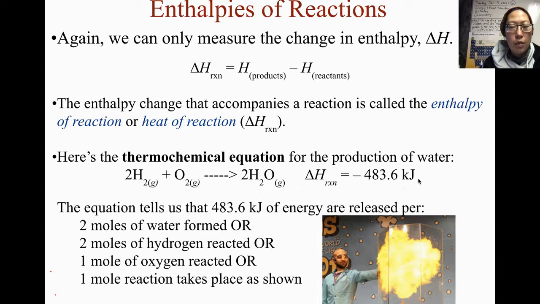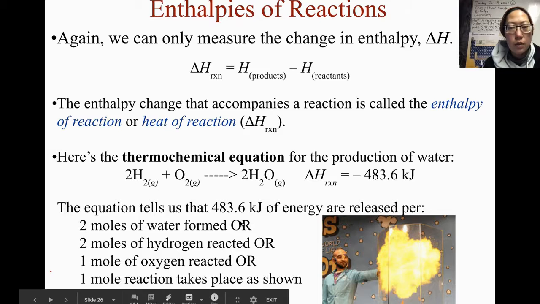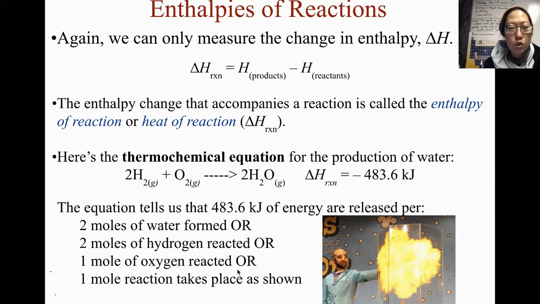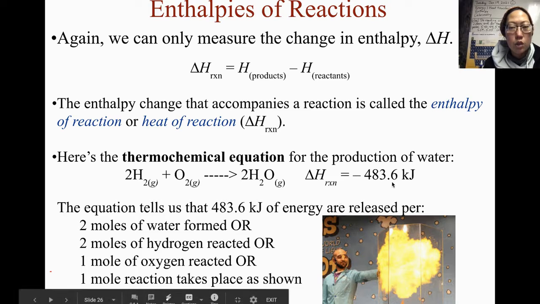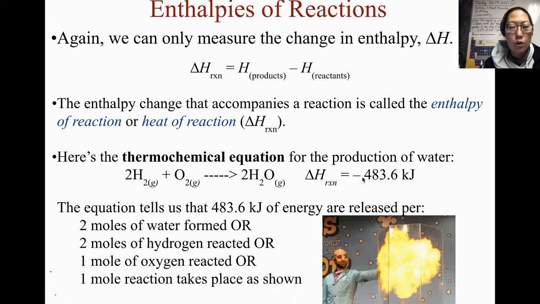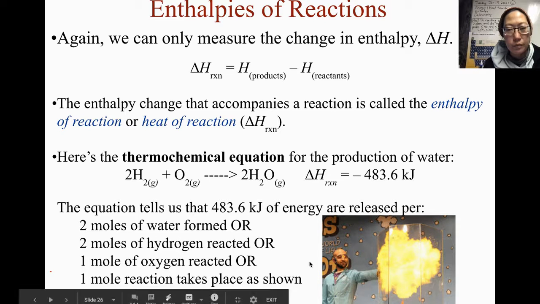Okay, so this number refers to all of these things, and which one you use will depend on the question asked. This is just like stoichiometry. This is the stoichiometry of the energy based on the mole ratios in the equation.